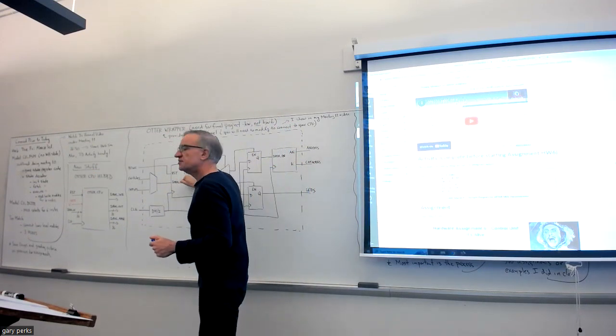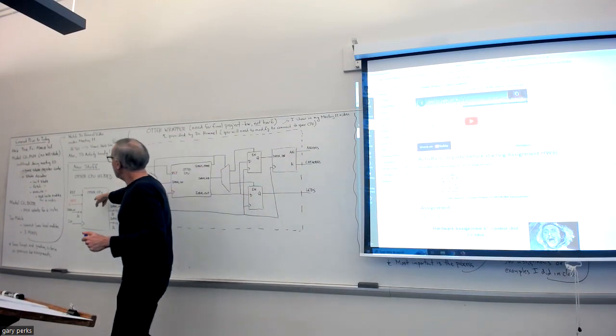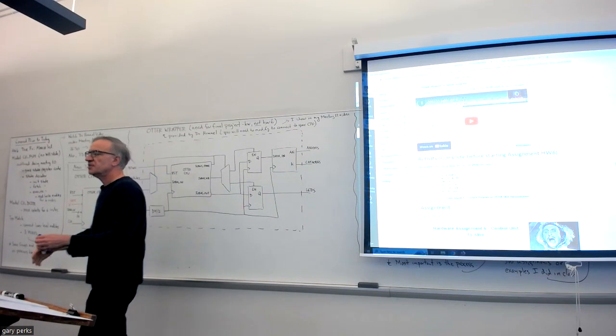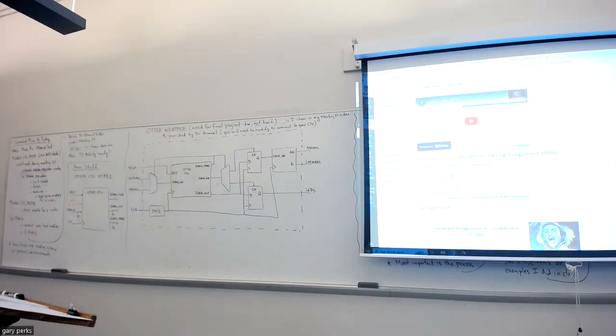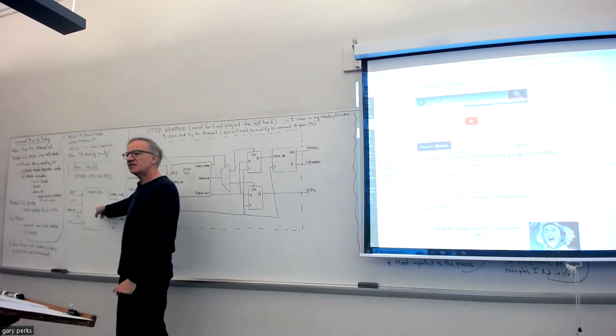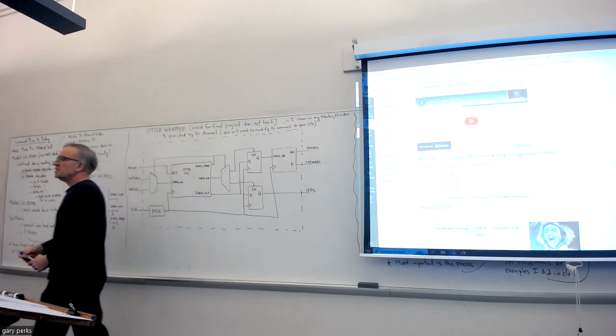Here's your CPU, and here's the high-level black box diagram of the Otter CPU. If you look on the Otter architecture diagram, in the upper left corner there is this same diagram, the high-level black box diagram.